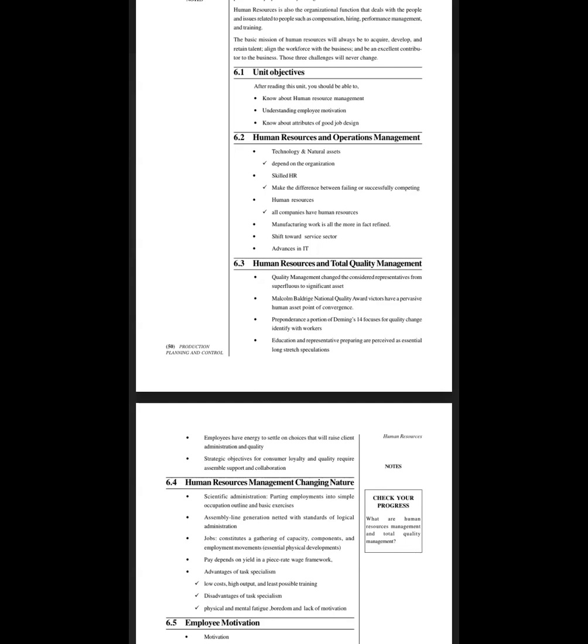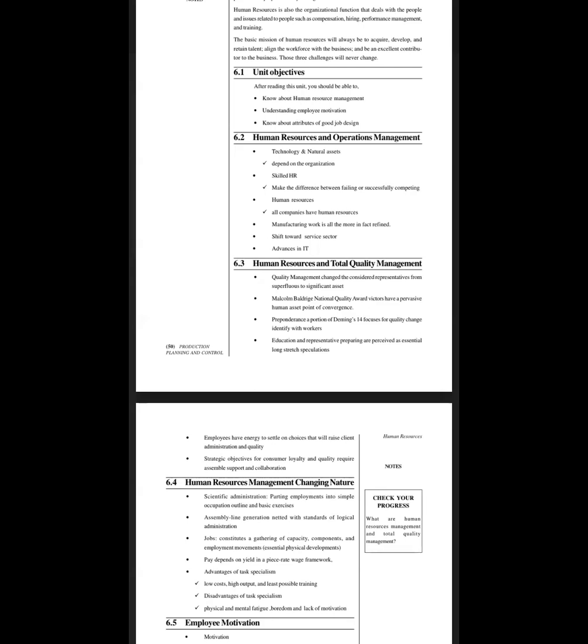Then all companies have human resources. Manufacturing work is more and more defined by the shift towards the service sector, advances in IT, human resources and total quality management. Quality management changes the consideration of representatives from superfluous to significant assets.